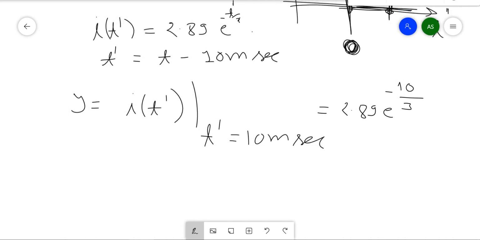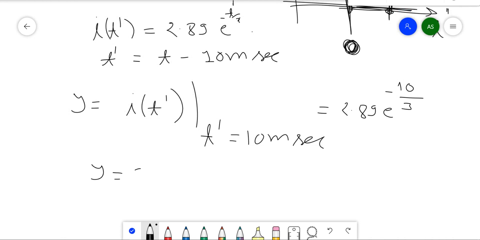So the y will be 0.10 ampere, something like that. Okay, so now we also have the value of y. So that is enough in order to plot the waveform. We don't need to calculate any further, but we will calculate some more things here.